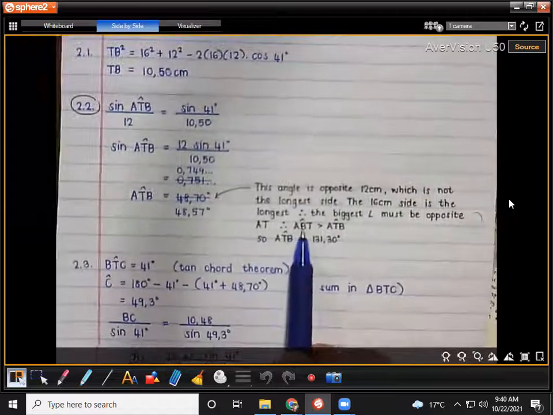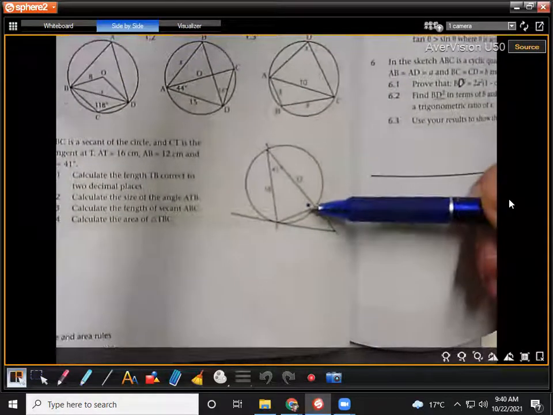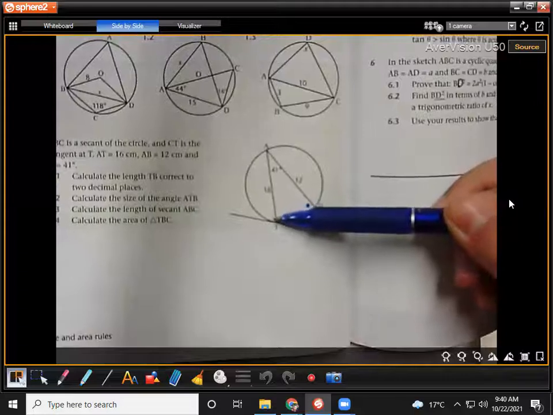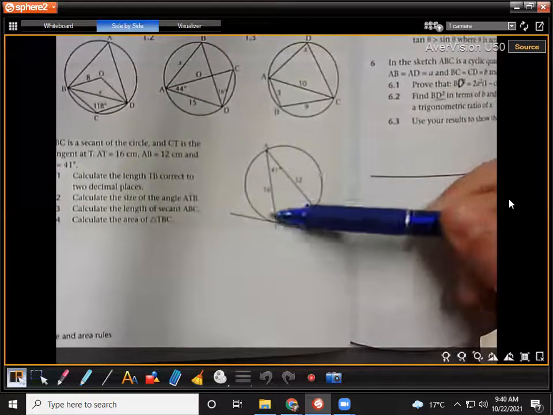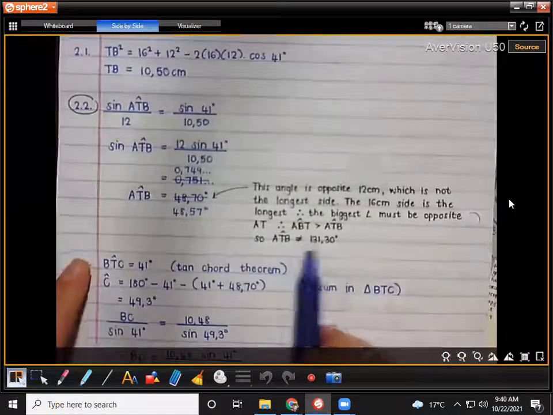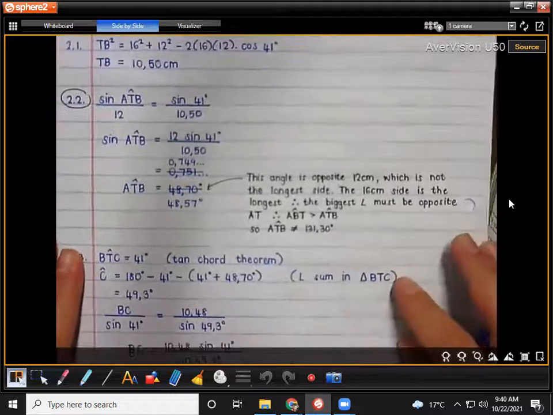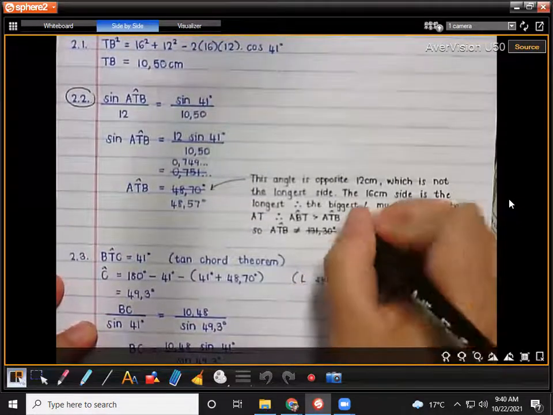So therefore angle ABT, the one that I put a dot in, has to actually be bigger than angle ATB because ABT is opposite the longer side. ATB is opposite 12, so this one has to be smaller than that angle. All right, so therefore ATB can't actually be the second solution because then it will be bigger than ABT, which is a bit of a mission to actually remember to check that as well.